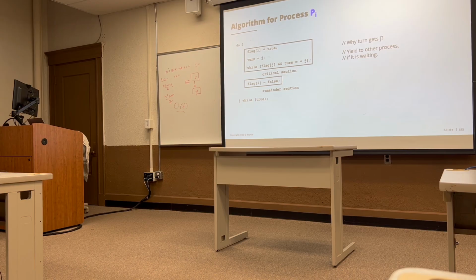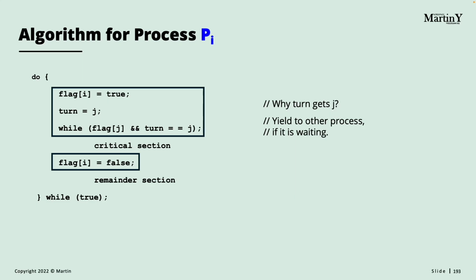This is what will happen in actual execution. And in this while loop, we're going to wait only while the turn is still equal to j, but this was overridden, correct? Since it was overridden, now it's I's turn, so this while loop is broken because both conditions need to be true. Since it is broken, now I is going into the critical section, correct?